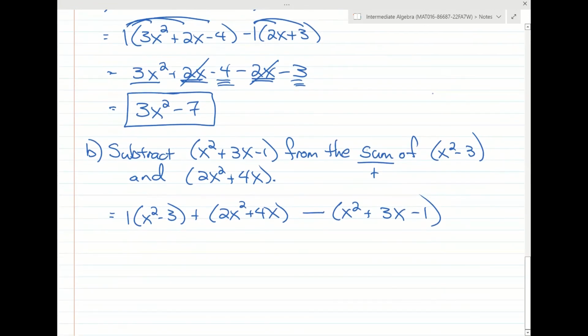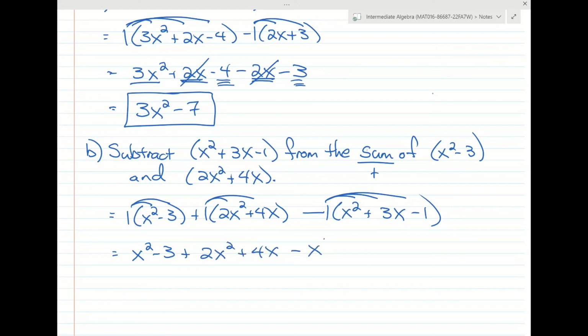Distribute the numbers in front of the parentheses. And then combine our like terms.